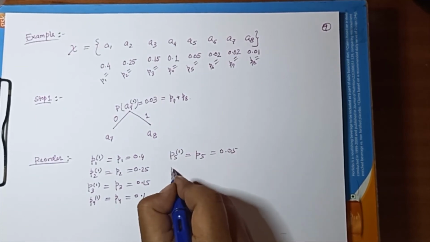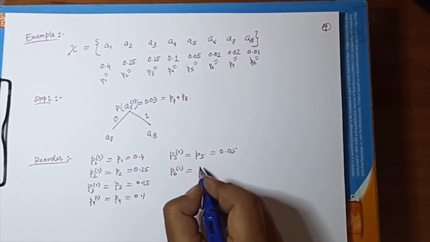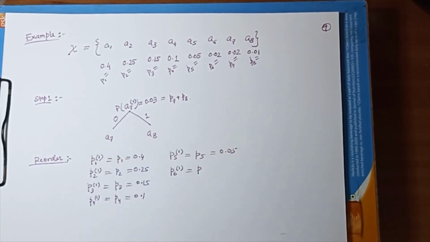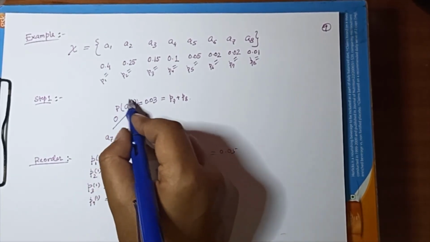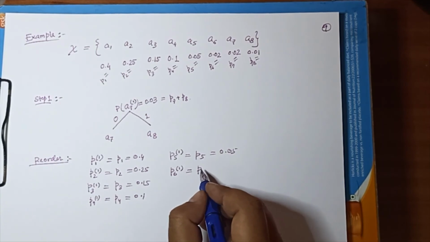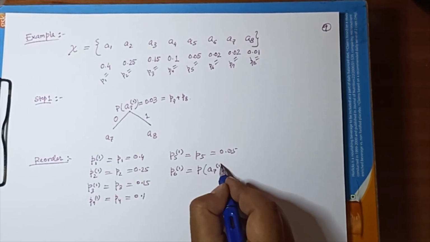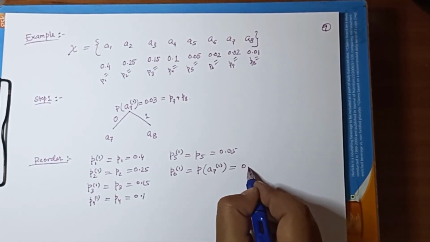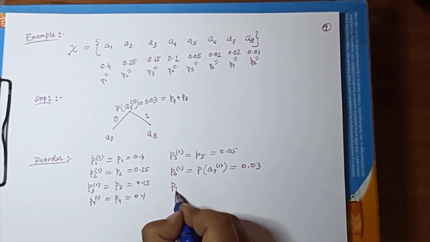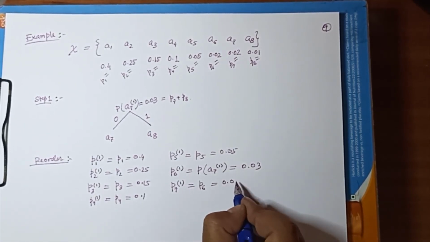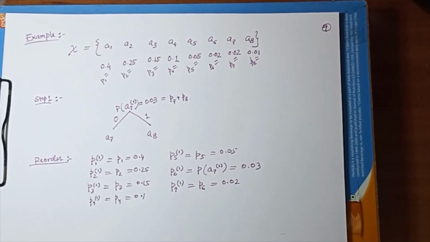But P61 is changed, which is basically this probability. So this I can write is probability of A71, I can say. So this is 0.03, and P71 is the earlier P6, which is 0.02. So this is the new ordering.